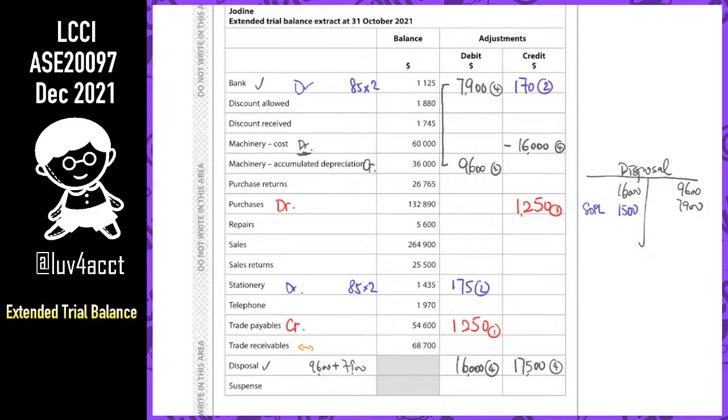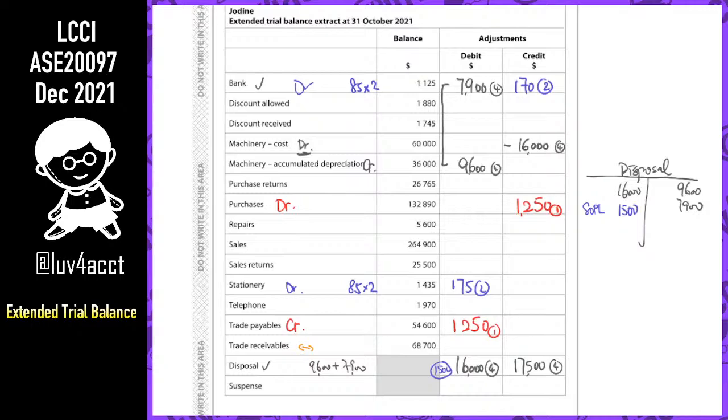For me it is okay to just put 1,500 in the debit side of the disposal like this. But sometimes to be safe, we put both the debit and credit side of the item, to make sure we can get the full marks for this item.